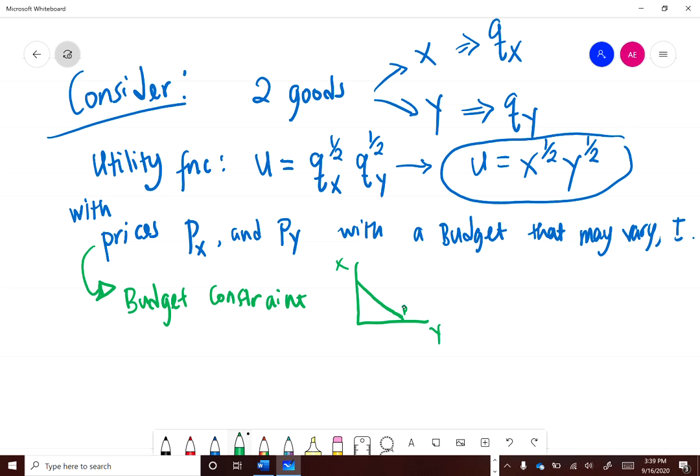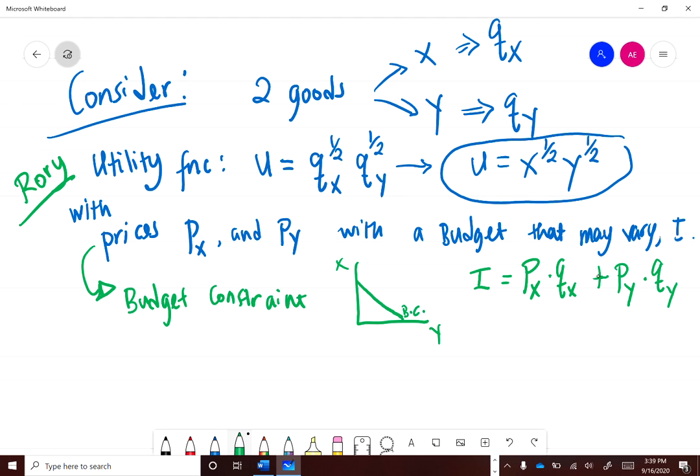Alright, so given this information, all of the income or budget that this consumer, let's call her Rory, has decided to spend is comprised of the price of X times whatever amount of X she gets, plus the price of Y times whatever quantity of Y she gets.